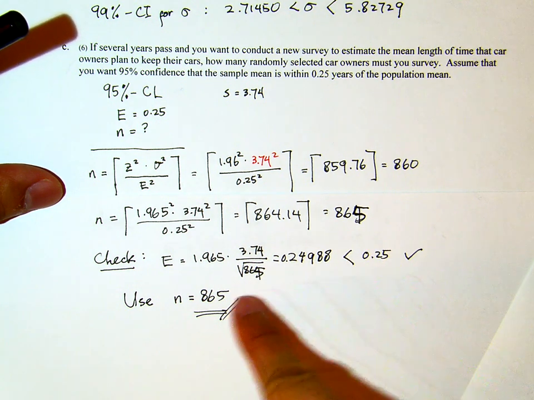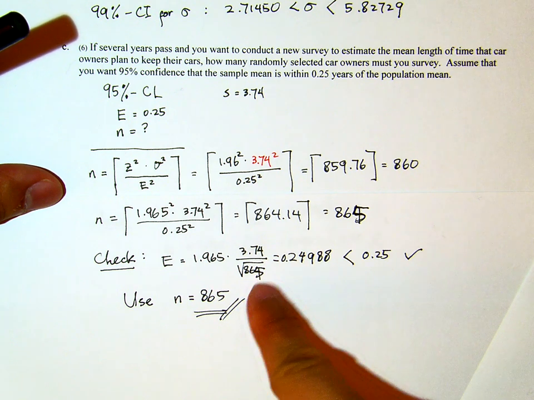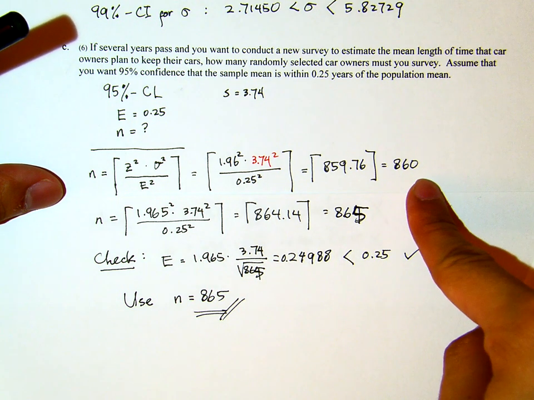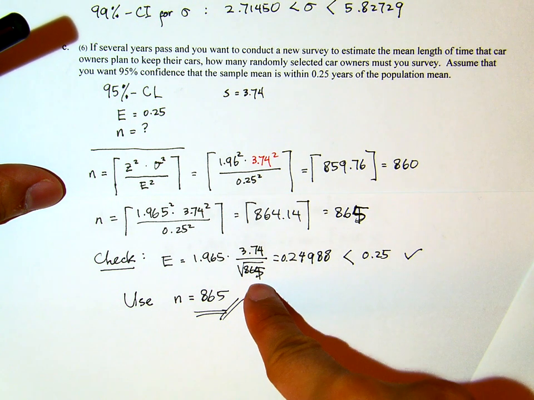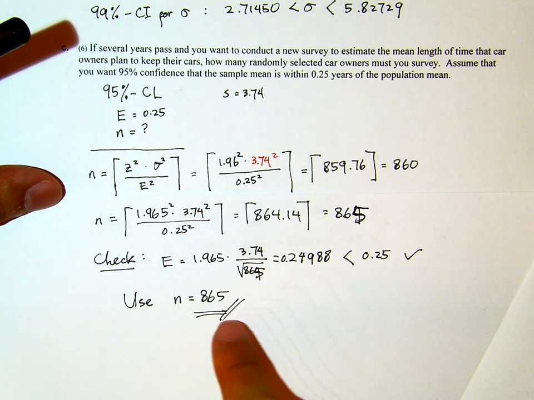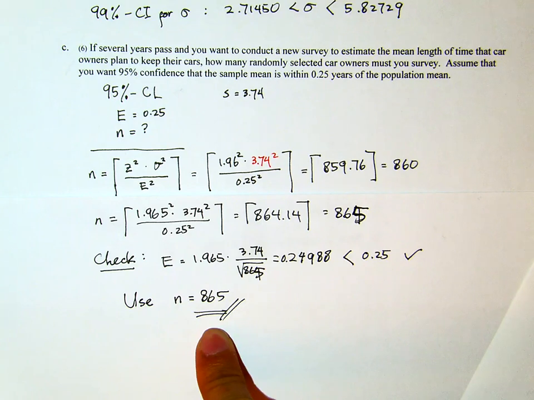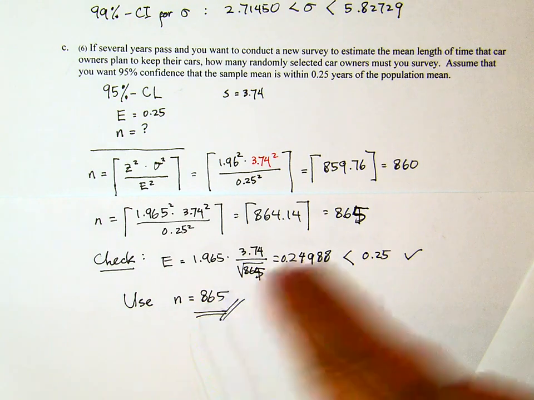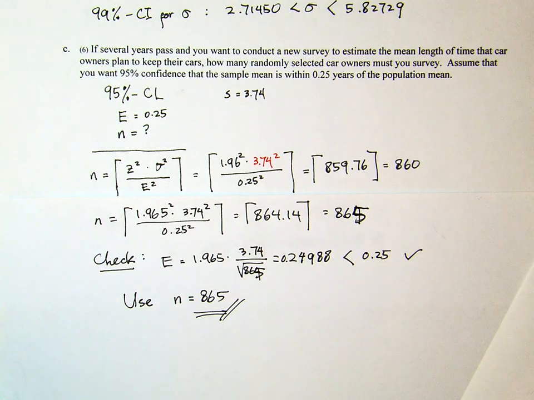Will that work? If it works, try 863 all the way down to 860. In this case, when I try 864, it is already greater than 0.25. Therefore I really need a minimum of 865. This is from fall 2011 Math 227 test 3, number 4 in my test, number 8 in Melanie's test.